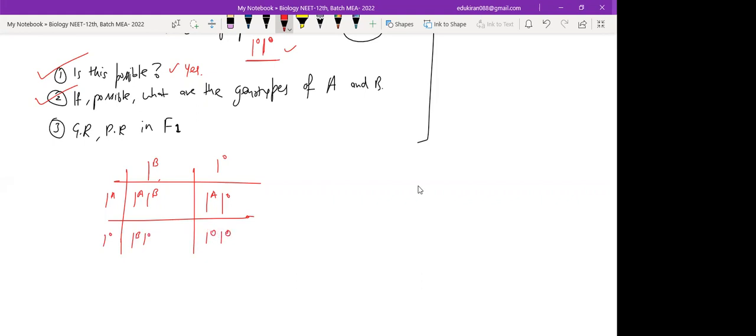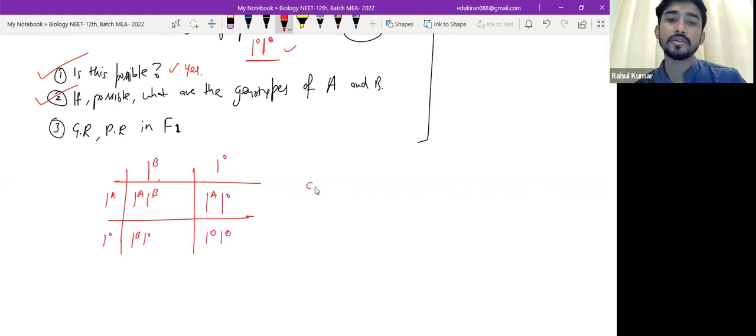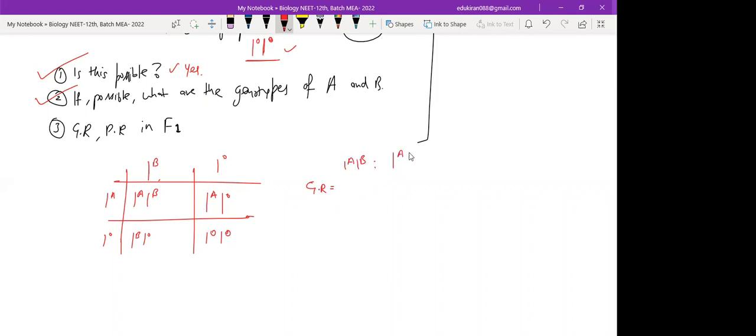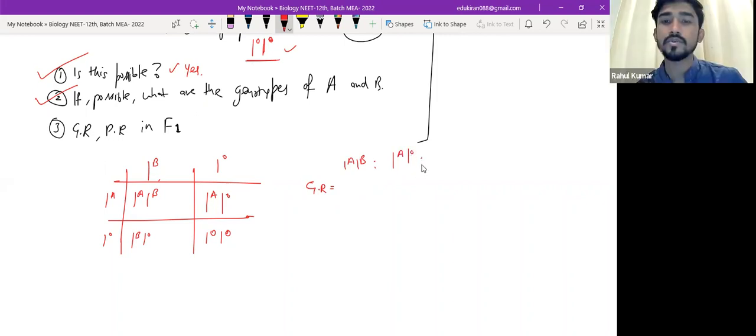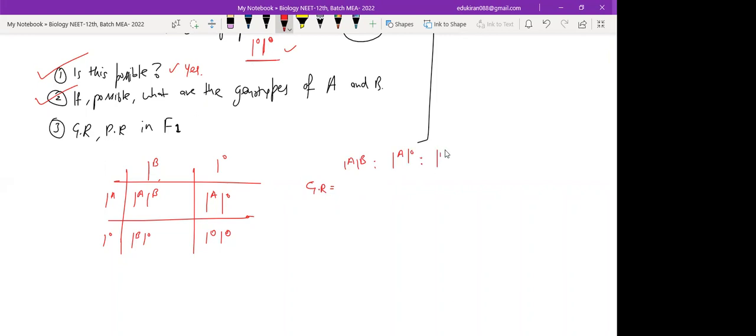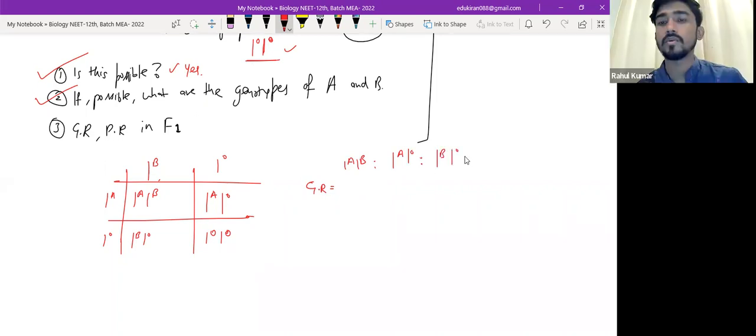So what is the genotypic ratio? What are the possible genotypes? First, tell me that. One is IA IB, which is 1. What is the other possibility? IA IO. What is the other possibility? IB IO. What is the other possibility?